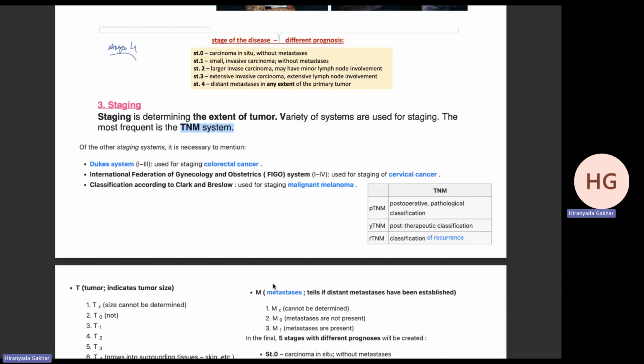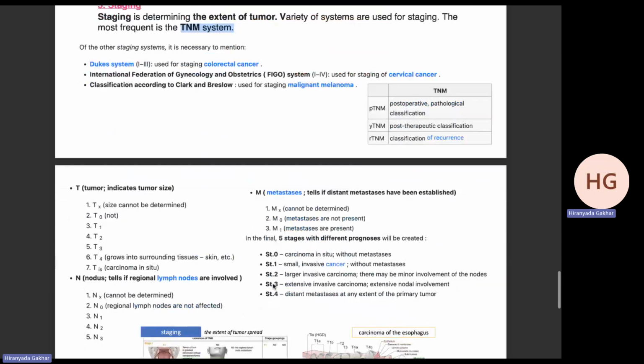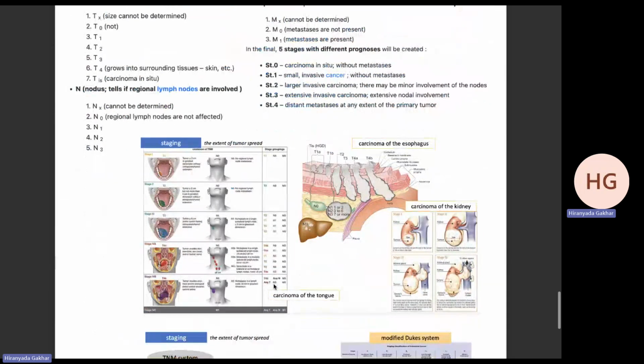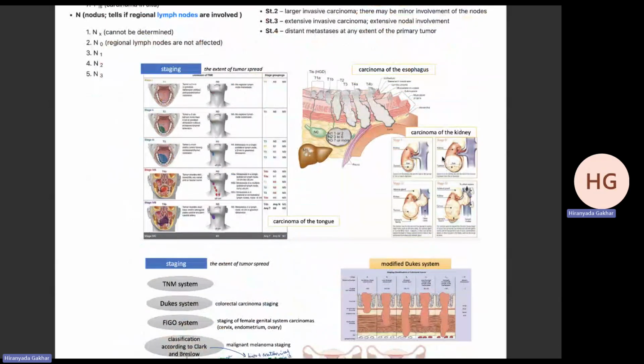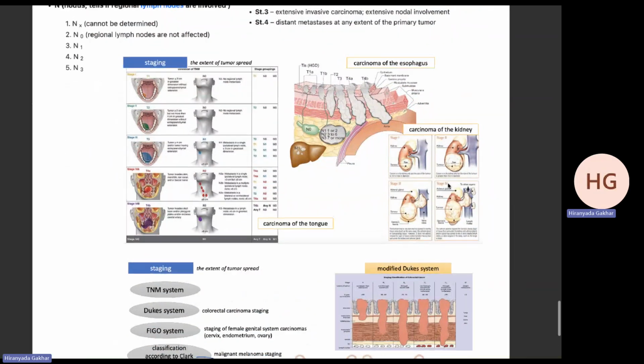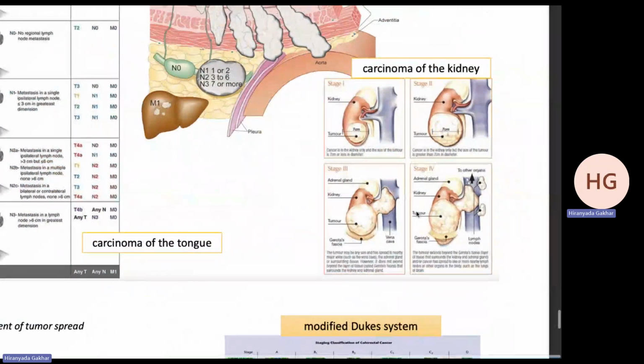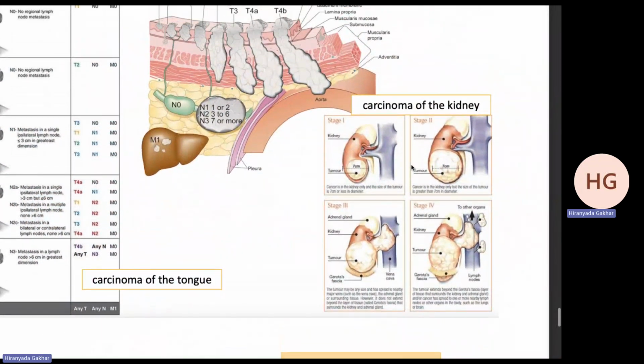And as for certain examples, I would like to use the example of the kidney carcinoma. So if you focus here on this particular picture, with the carcinoma of the kidney or the renal cell carcinoma, if the tumor is less than 7 centimeters in size, so we're focusing just on the T here for now, we say that it's in stage 1.